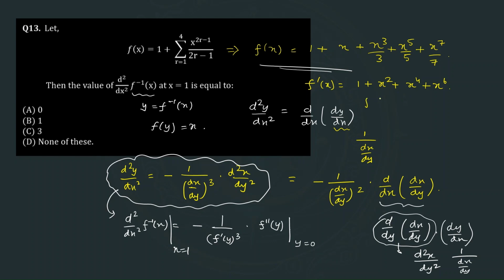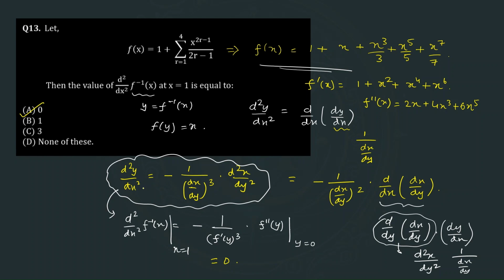And double derivative of this function will be 2x plus 4x cube plus 6x to the power 5. From here, we can say that f double dash y at y equal to 0 will be equal to 0 and f dash y will be non-zero. That means the double derivative of f inverse x evaluated at x equal to 1 will be equal to 0. That means option A is the correct option for this question.